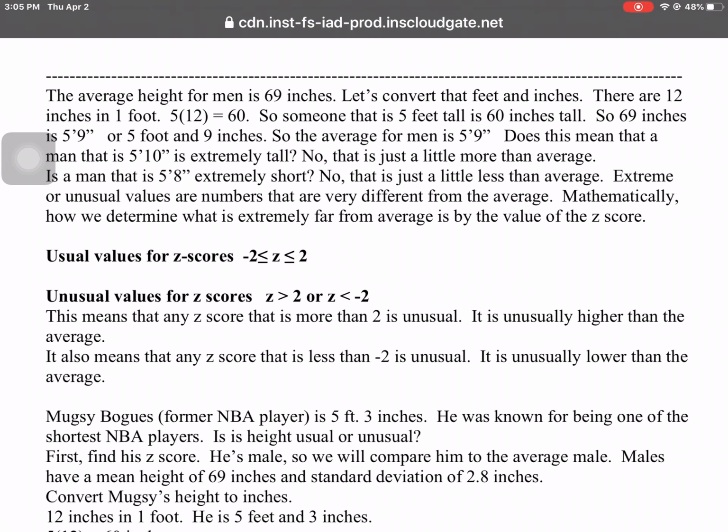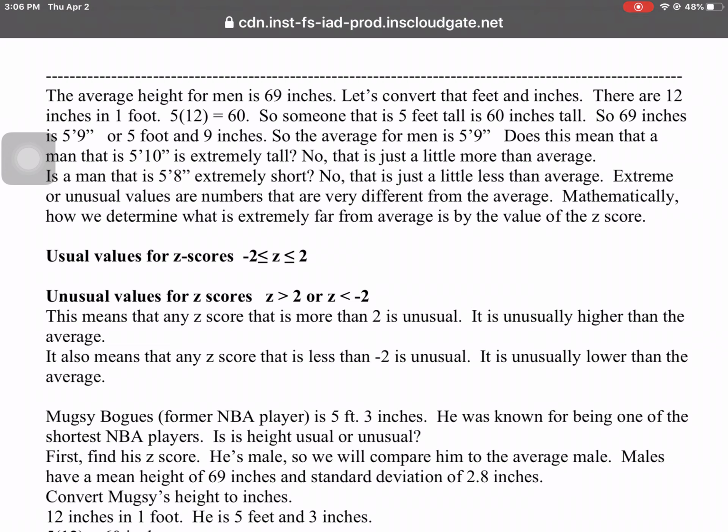Okay, extreme or unusual values are things that are very different. If the average is 5'9", then 5'10" and 5'8" are just a little bit away from that. Extreme or unusual values are things that are very far away from average. Mathematically, we determine if something is very far from average by its Z-score.